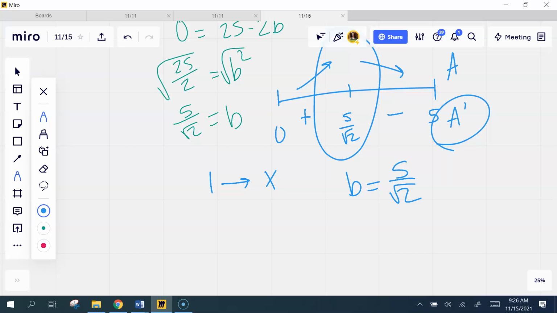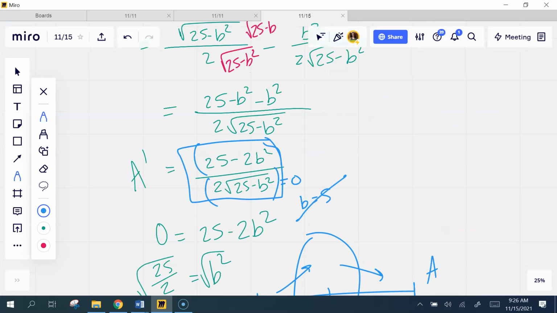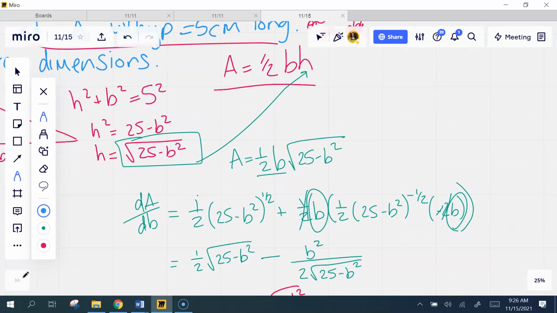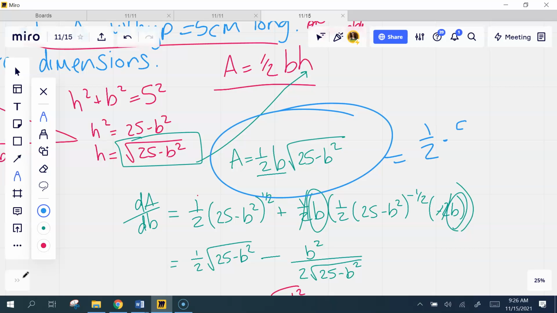So to find the maximum area, I go back to my area equation all the way up here, and I'm going to use this one because it's in terms of the base. So I do 1/2 times 5 over the square root of 2 times the square root of 25 minus 5 over square root of 2 squared. On an FRQ, you were okay to leave it just like that.